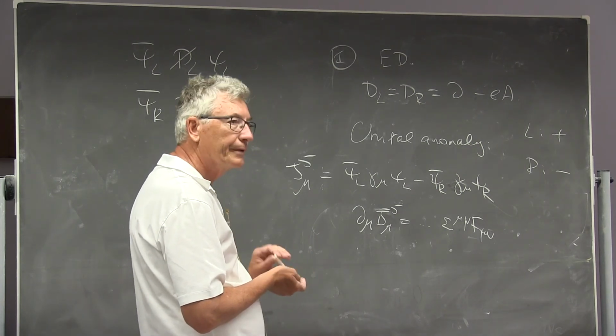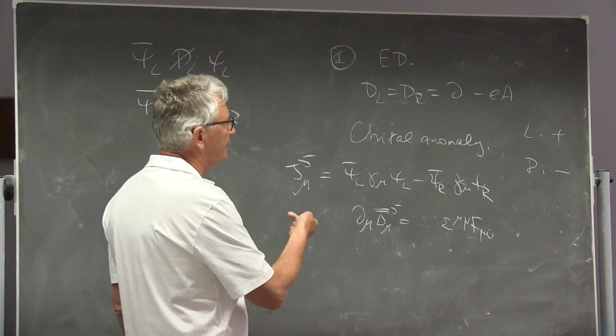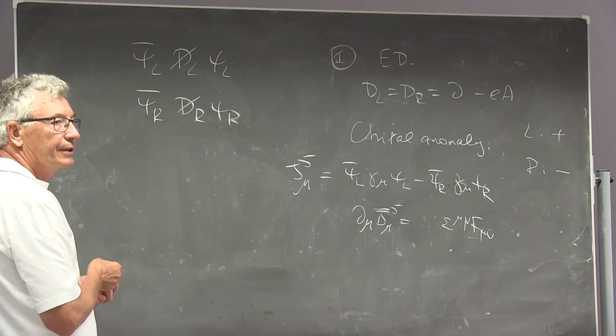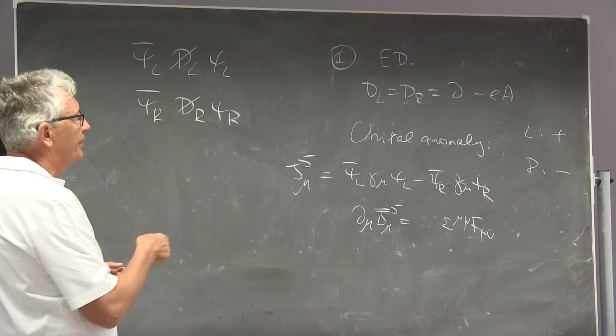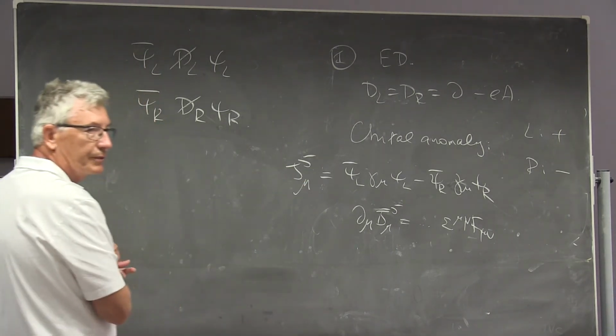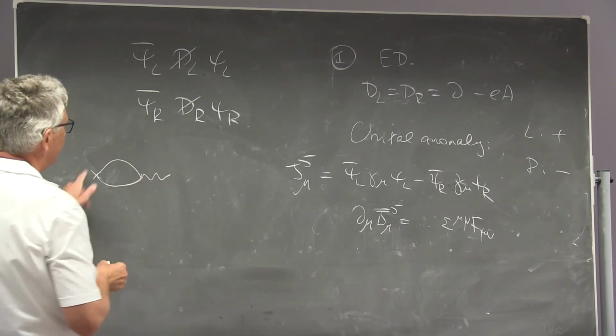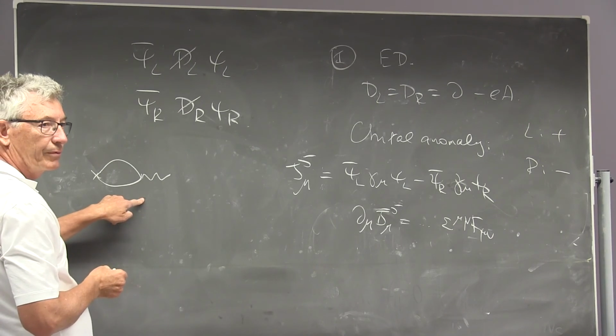The way to see that, so I was talking about level crossing where we saw it, but you can see the same if you compute the divergence of this current. To compute the divergence of this current, you basically have this type of graph.